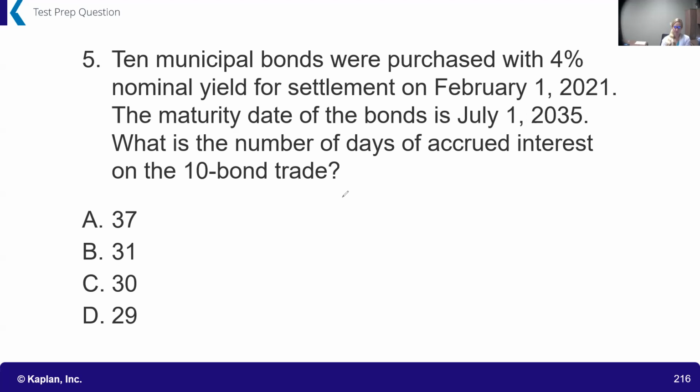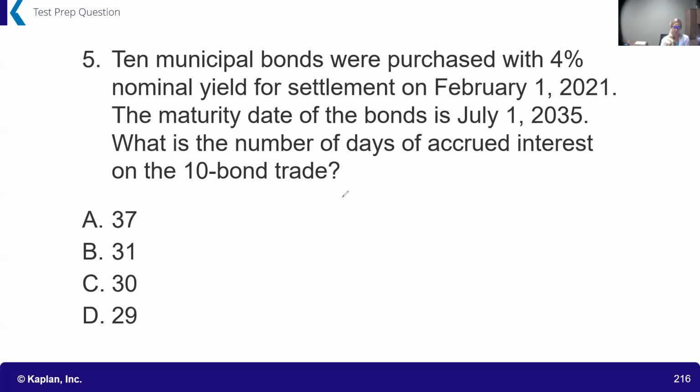I have one in the channel search bar. If you put in accrued interest, you can see me work 3, 4, 5 of these questions because they come up quite a bit. And one of them has a trade date that's like Friday, I think August 17th. Then you've got to say, okay, Saturday and Sunday aren't business days, Monday's T plus one, Tuesday would be settlement. So that's what you've got to be real careful about.